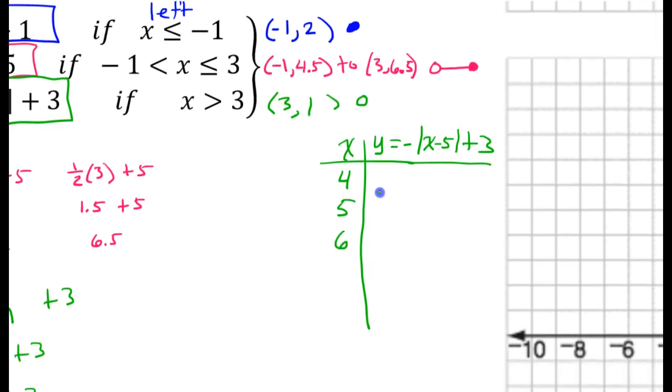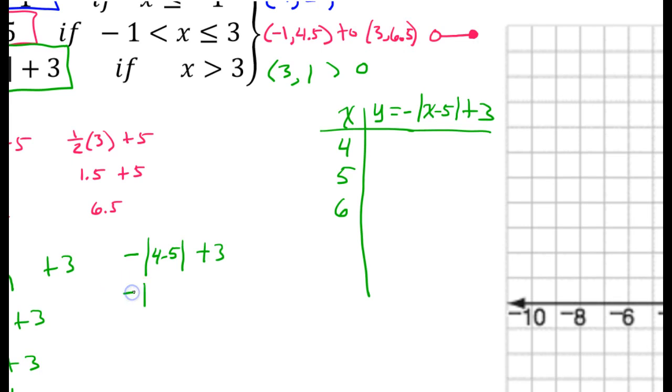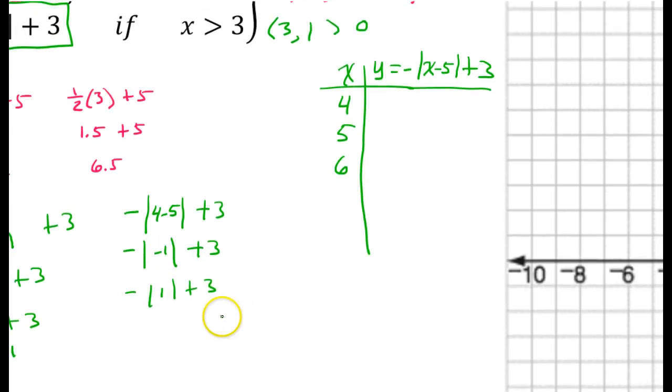Okay, so if x is 4, then what I have is negative absolute value of 4 minus 5, plus 3. So that's going to be the absolute value of negative 1. Whoops, I didn't mean to keep the absolute value sign.